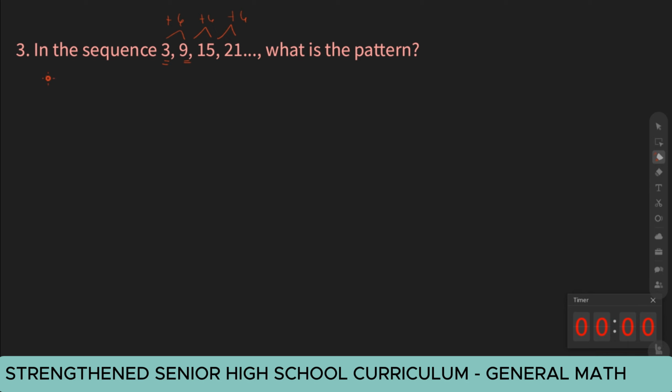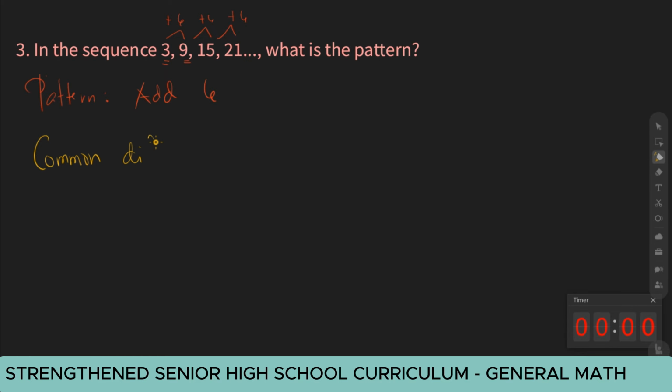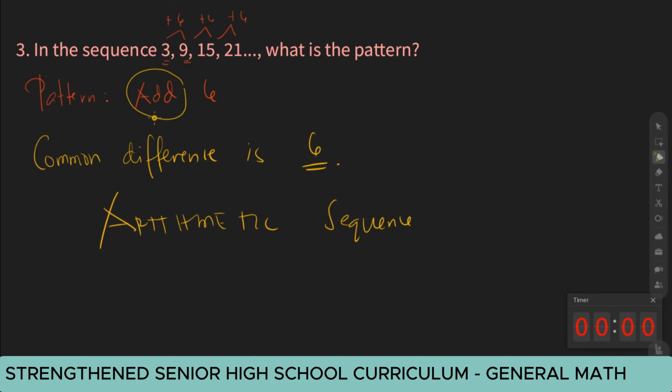So therefore, the pattern is add 6. With that in mind, we know that the common difference is 6. What sequence is that? That is an arithmetic sequence. Why? Because the pattern is addition. Okay, there you go. Now let's move on.